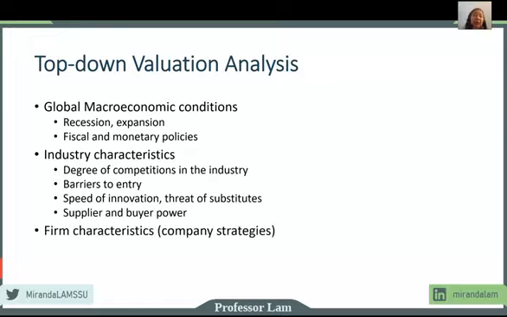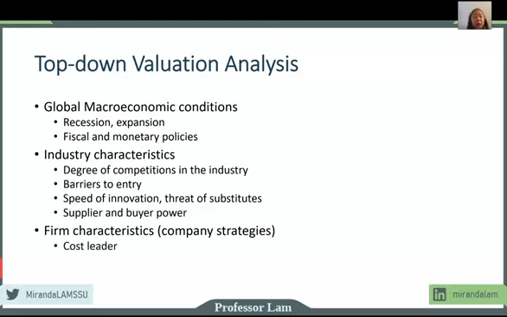And then finally, we look at the firm itself. These are non-financial data, but the financial data will help us review the firm's characteristics. So these are marketing strategies, management strategies.